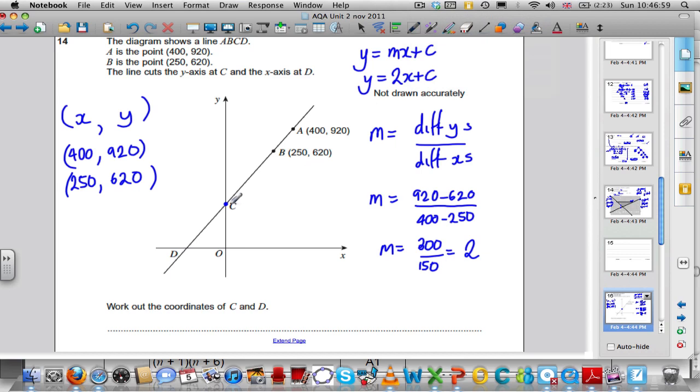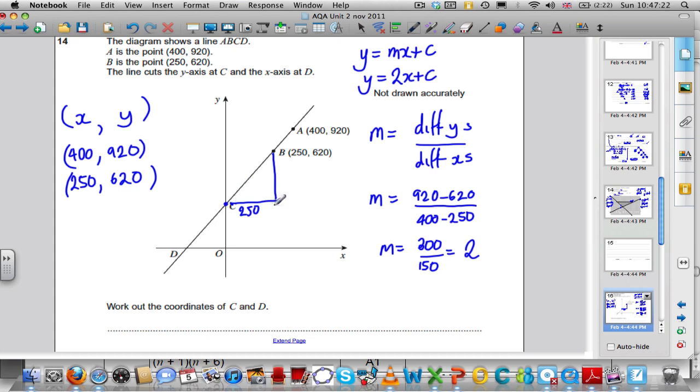Okay, now let's try and work out point C. To get from C to B, we've got to go across 250, because C has x coordinate 0, and B's got x coordinate 250. Now we know the gradient is 2. As I go across 1, I go up 2.